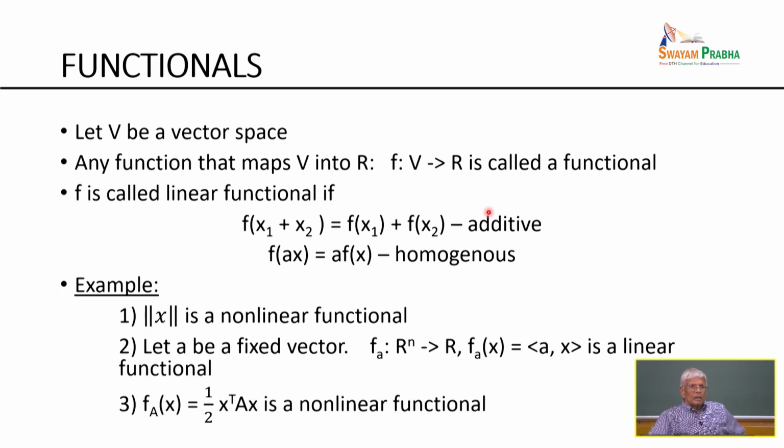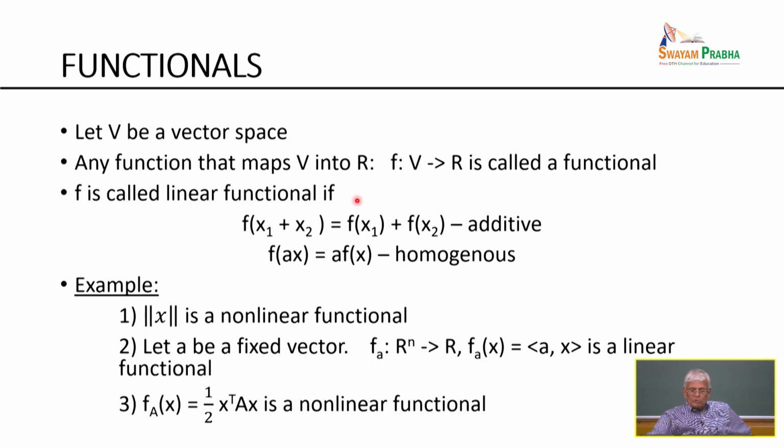With me? Inner product maps vectors to scalars. Outer product maps vectors to matrices. Norms map vectors to numbers. So one specific form of function is called a functional.